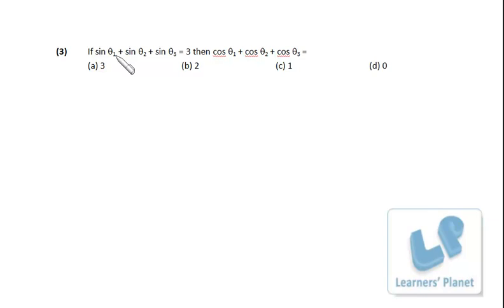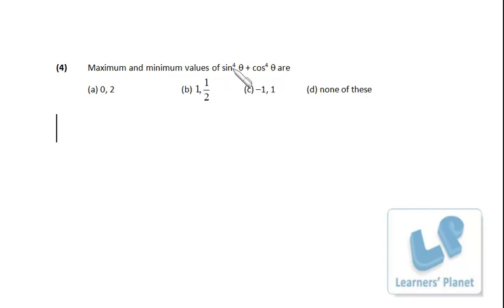But in the first 0 to 360 degree, 90 degree is the option where you get the value of sin theta as 1. So theta 1, theta 2, theta 3, all of them are 90 degree. Then only you will be able to get 3, because you are getting the maximum value. So if theta 1, theta 2, theta 3, all of them are 90 degree, then cos 90, cos 90, cos 90, that will be 0. So no need to go for any sort of paperwork.